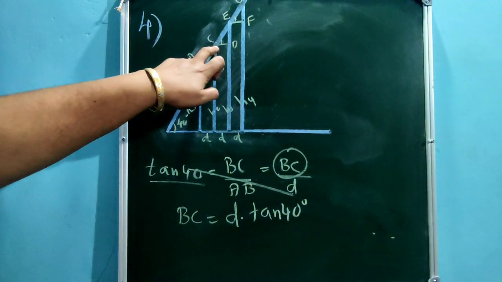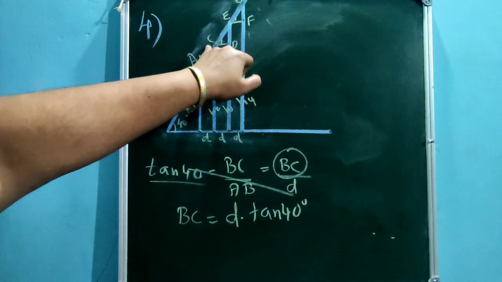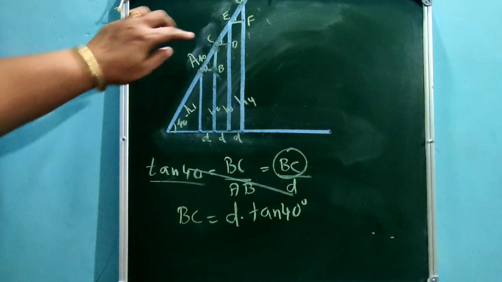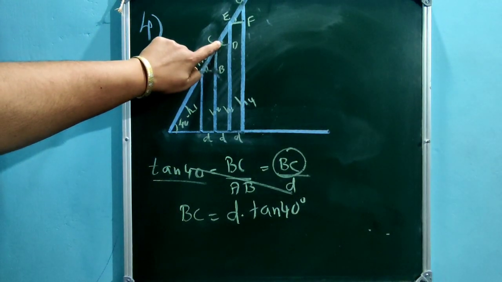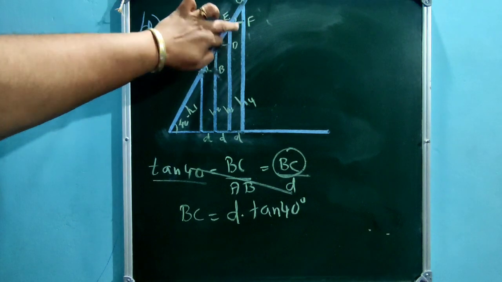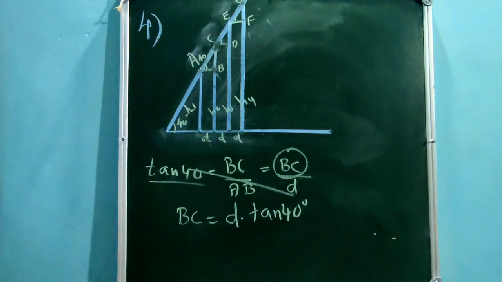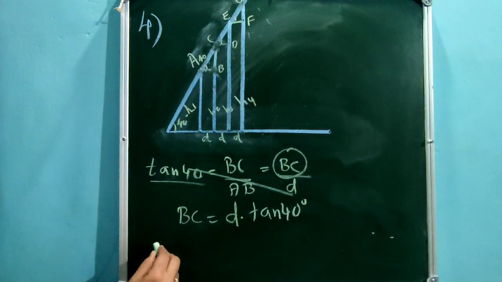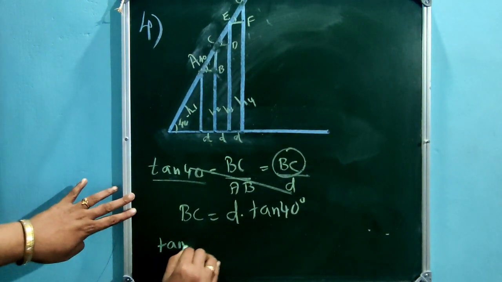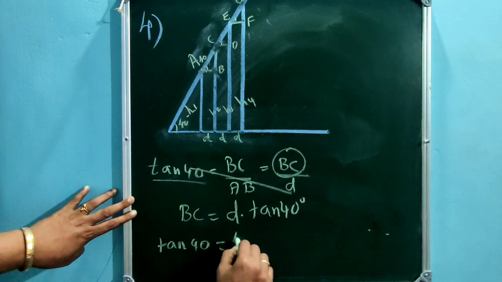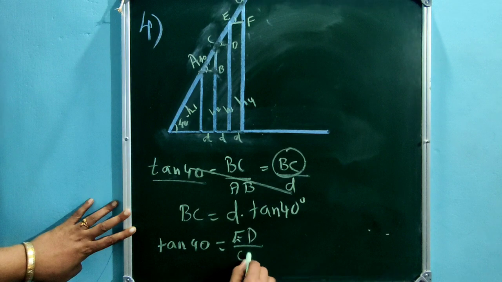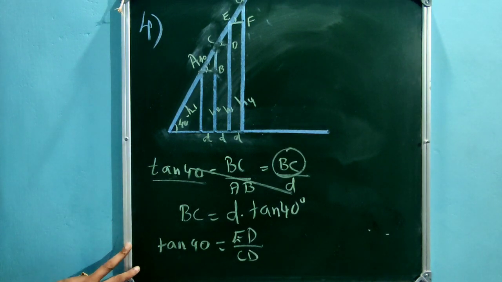Next I am going to consider this triangle CDE. That is also a right triangle with one angle 40 degrees. What is tan 40 here? Tan 40 is equal to opposite side by adjacent side, that is ED by CD.